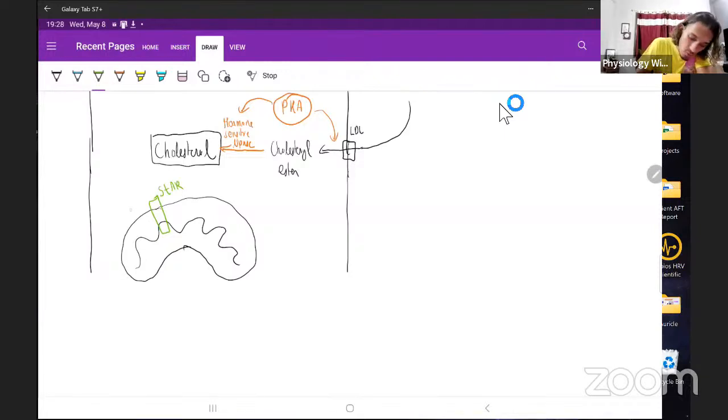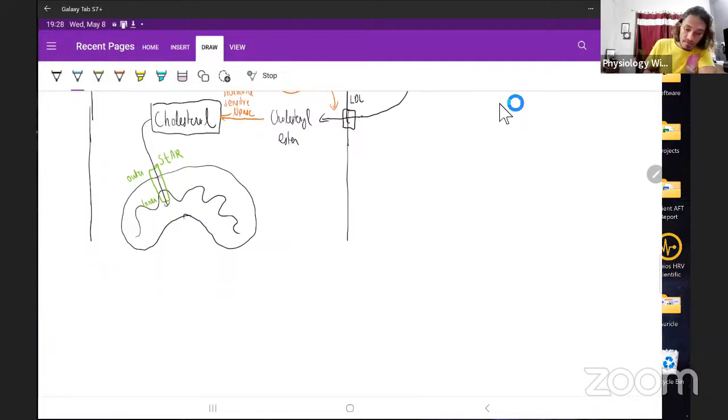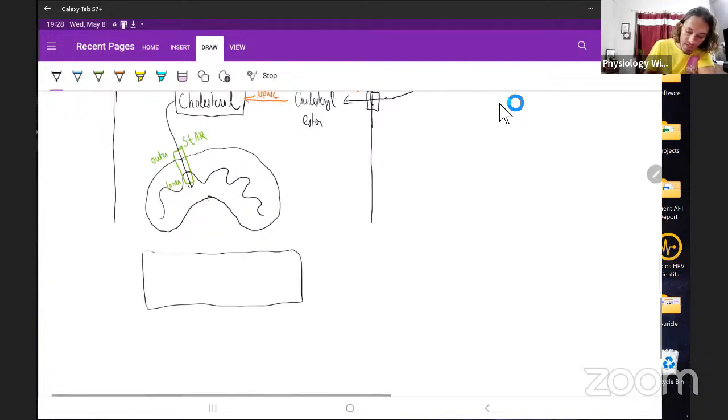So this helps move cholesterol from the outer to inner. So like this, cholesterol moves from the outer to inner. And then there is another component also, which is important, not only the mitochondria, but your sarcoplasmic endoplasmic reticulum. I'm sorry, it's not sarcoplasmic endoplasmic reticulum, the smooth endoplasmic reticulum. Okay, my slip of tongue. It is your smooth endoplasmic reticulum.